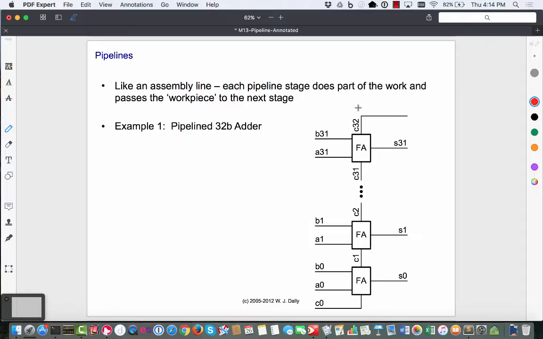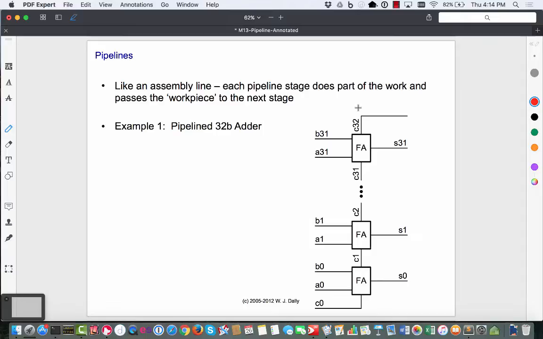Now, if you think about it, it's sort of insane that while bit number 10 is working, bits 0 through 9 have already done their work and they're sitting idle. And likewise, while bit number 10 is working, bits 11 through n minus 1 are just waiting for the work to arrive, right? So this way of doing things has the disadvantage that at any given point in time, only one of the n bits is active.